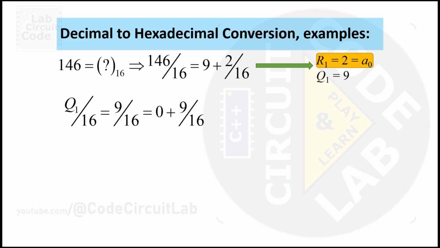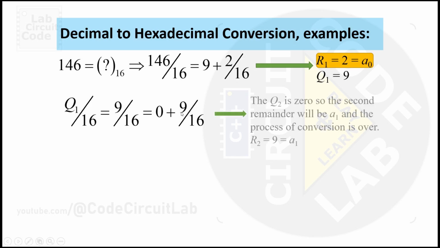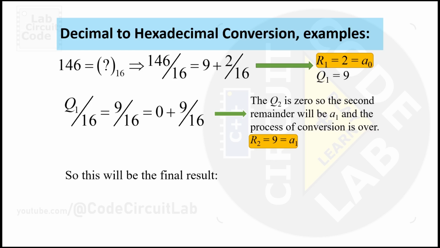We get a 0 quotient plus a 9 as a remainder. So q2 is 0, the second remainder is a1, and the process of conversion is over. Why is it over? Because our quotient is 0. So the number in total will be a1 a0, which is 92 in base 16.